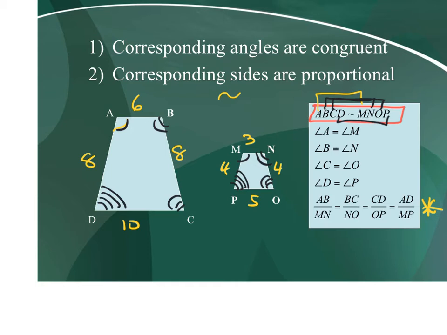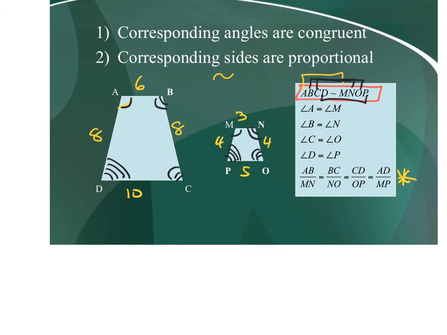It's showing that side AB, which is the first two letters of my similarity statement, matches with the first two letters of the second, MN. And then BC with NO, CD with OP, and AD with MP. That is going to become our scale factor, but you need to check that all four sides simplify to the same ratio.